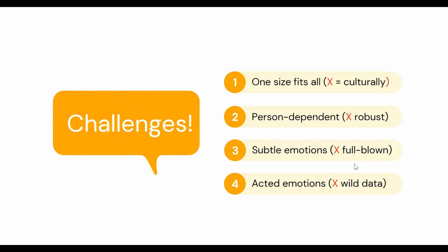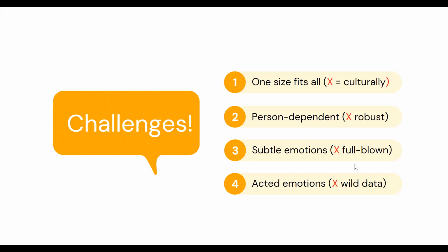Usually it's very subtle. Subtle emotions could be frustration. It could be tiredness. Tired is also considered an emotion, especially now in the COVID era. You're in front of the computer all the time, your screen time has increased, and maybe there is more subtle sadness and stuff like that.